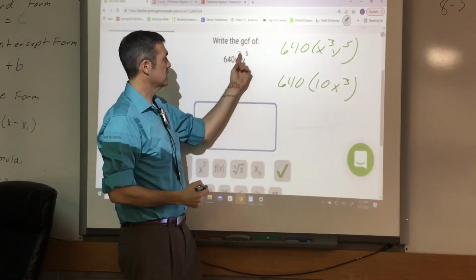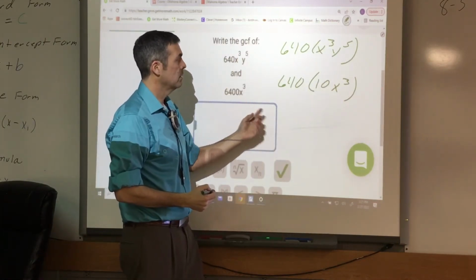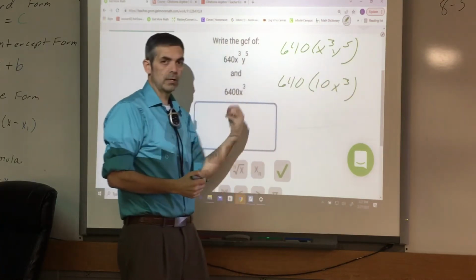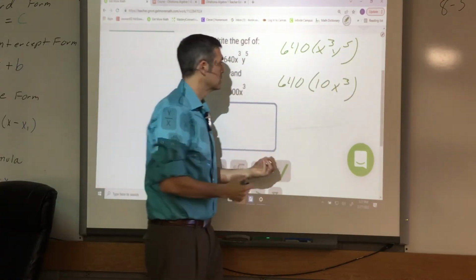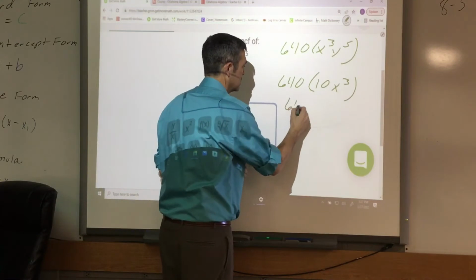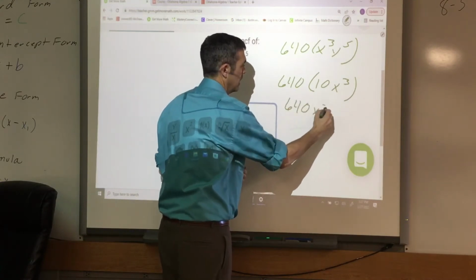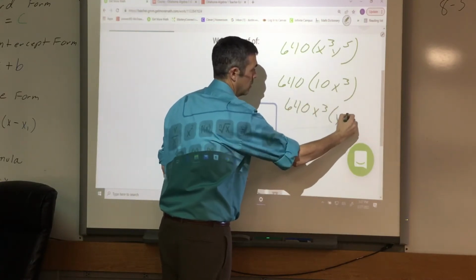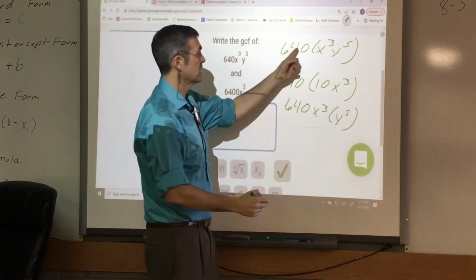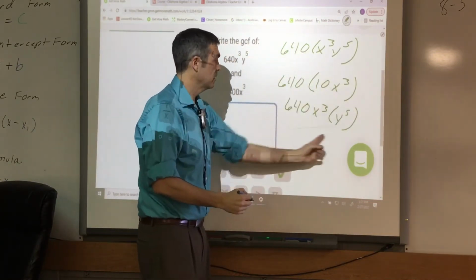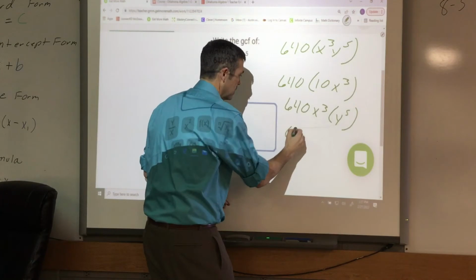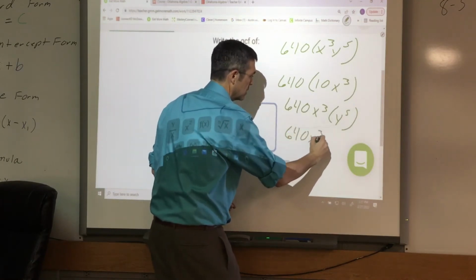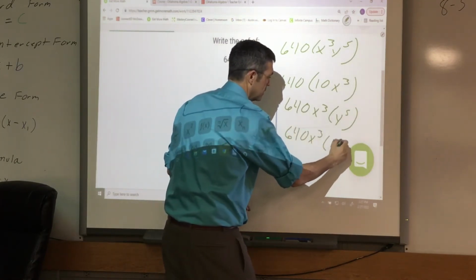You have x to the third here and x to the third here. I can pull that x to the third out also. So we end up with 640 x to the third times y to the fifth on the top one, and then down here, 640 x to the third times 10.